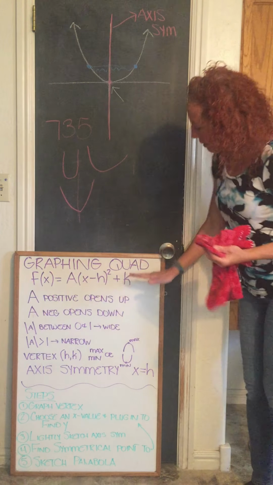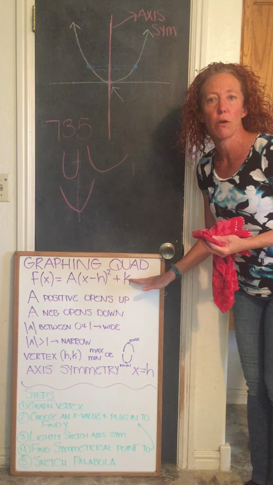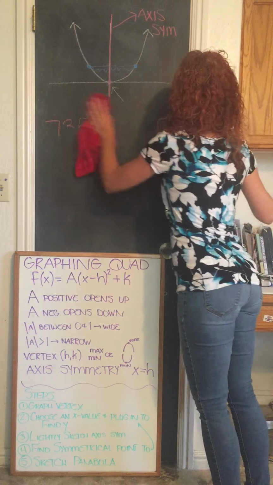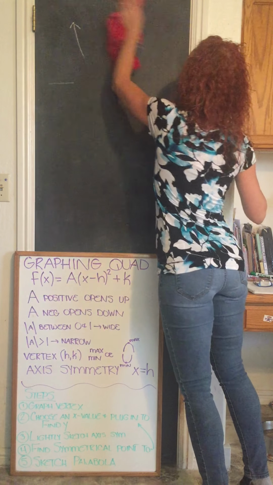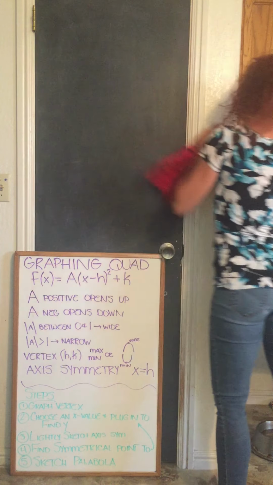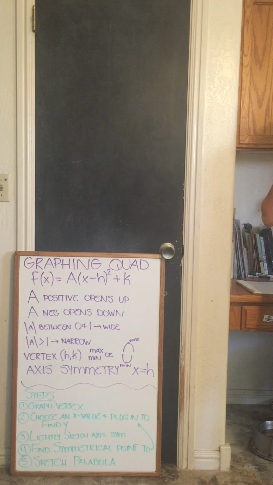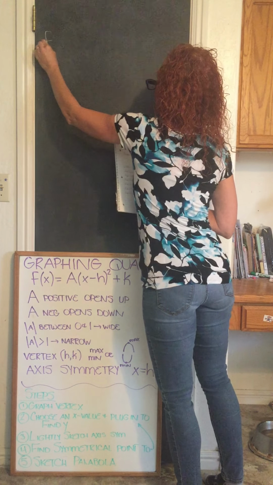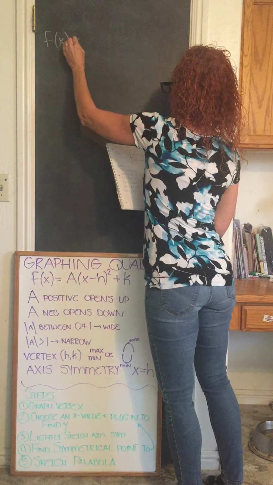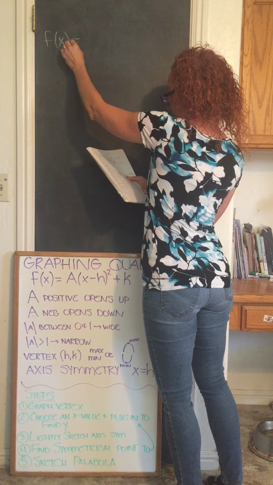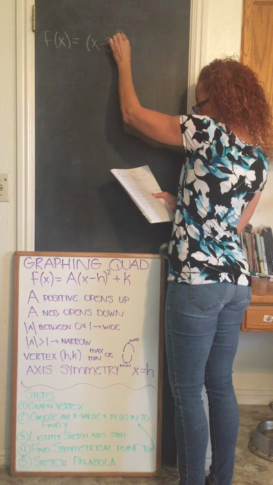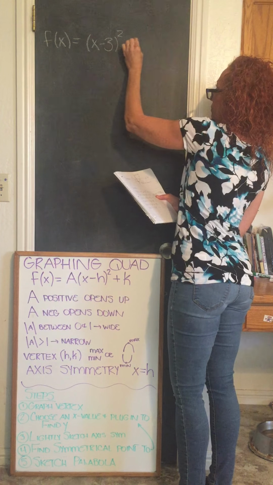And now I'm going to start building off of what we call the vertex form of the parabola. So my first example looks like this: f of x equals (x minus 3) squared plus 2.